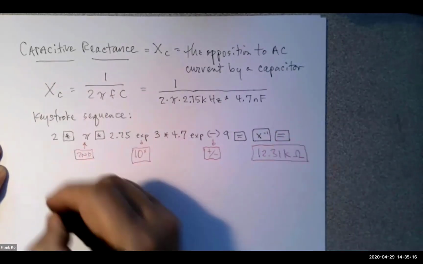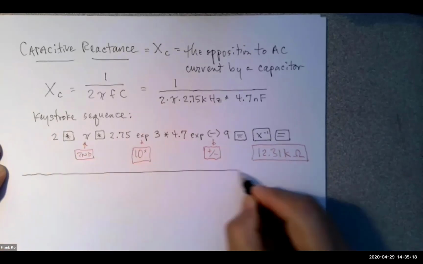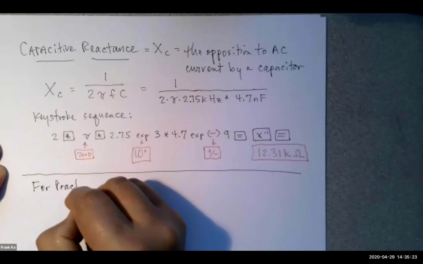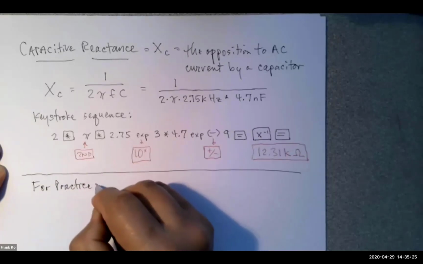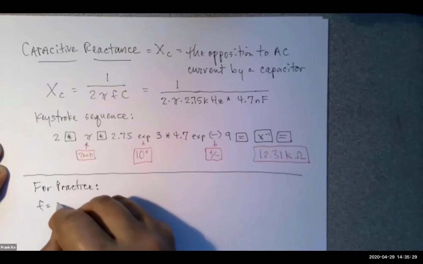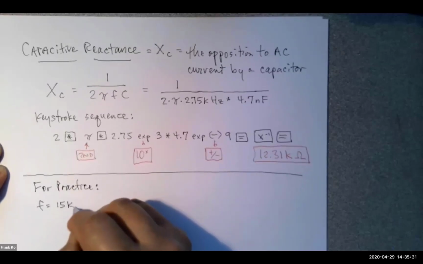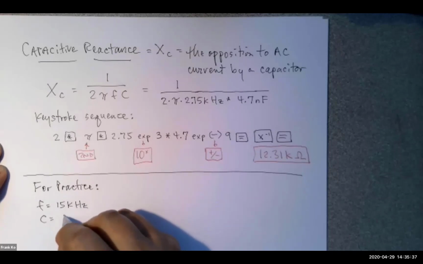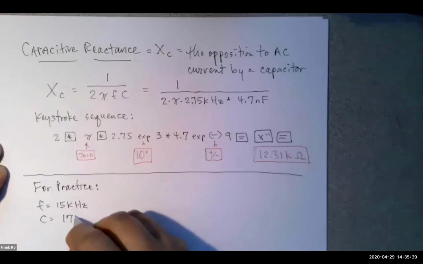Let's do one more practice. For practice, F will be equal to 15 kilohertz, and C will be equal to 175.